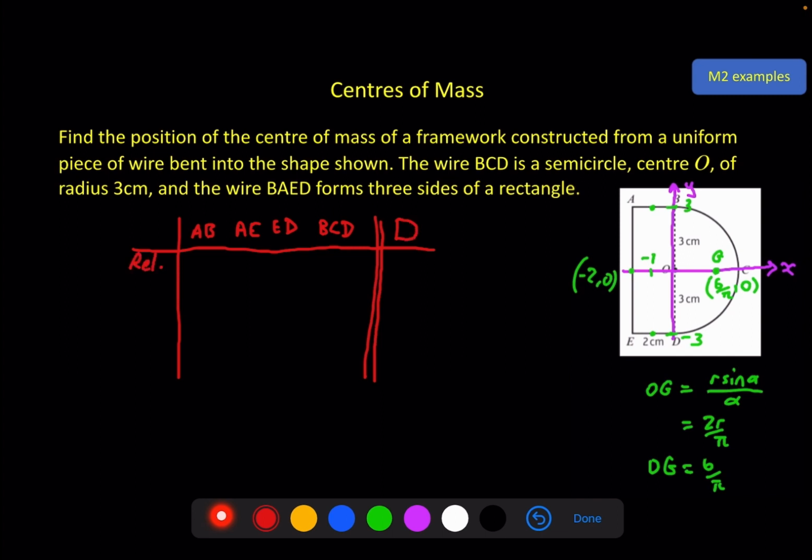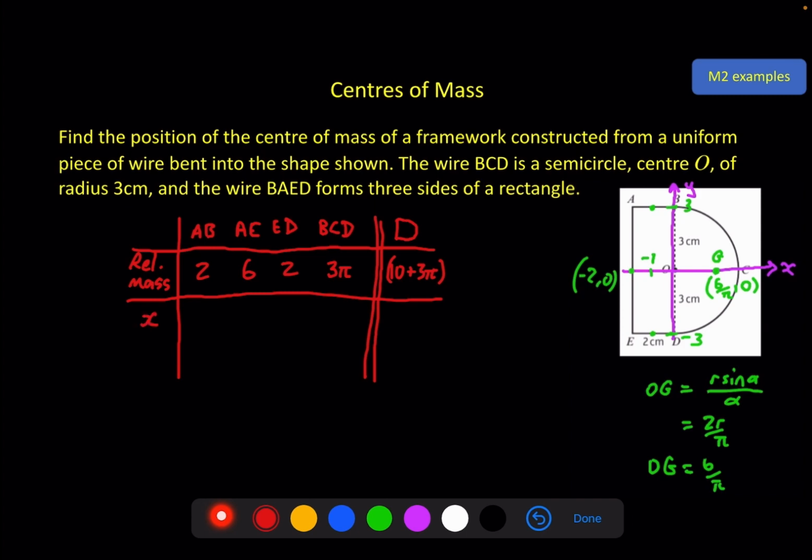Relative mass is the length of each one. For AB, that's 2. For ED, that's also 2. For AE, that's 6. And for BCD, the arc is 3 pi, half of the full circumference of the circle. The full length then is 10 plus 3 pi.